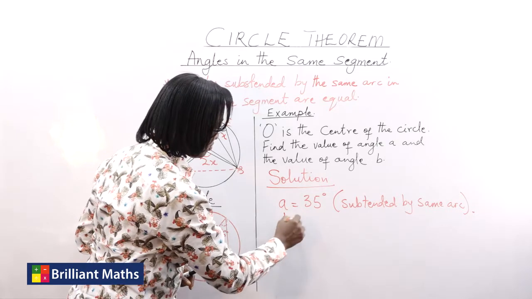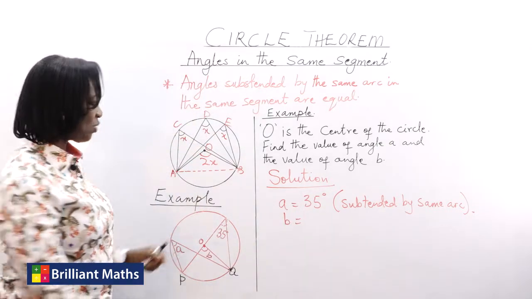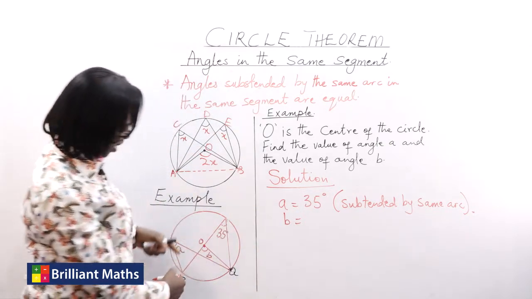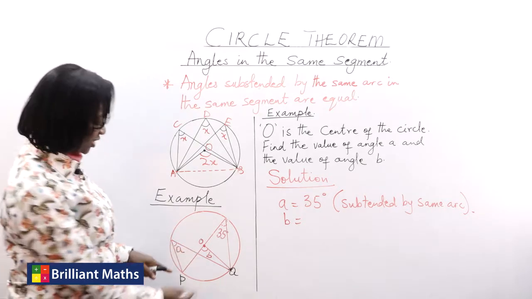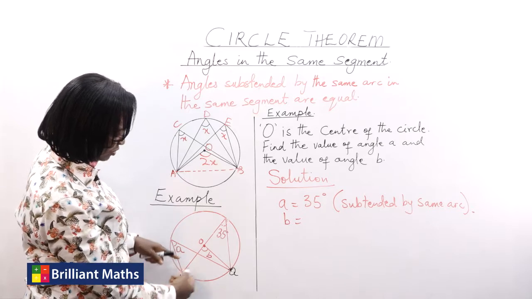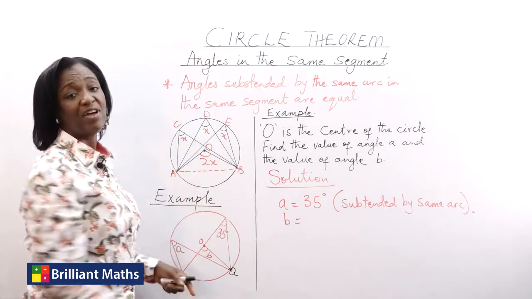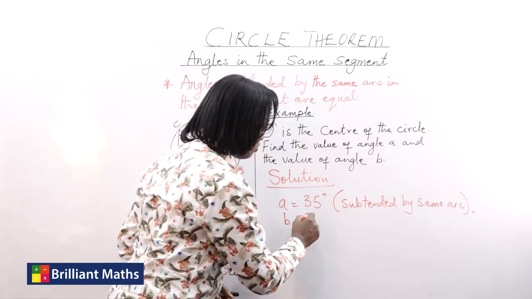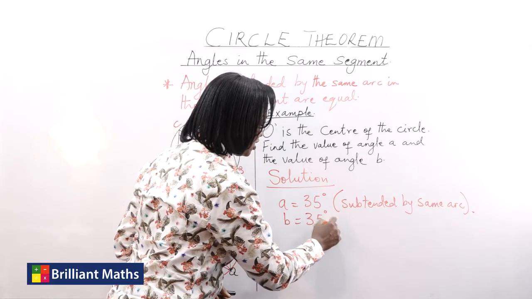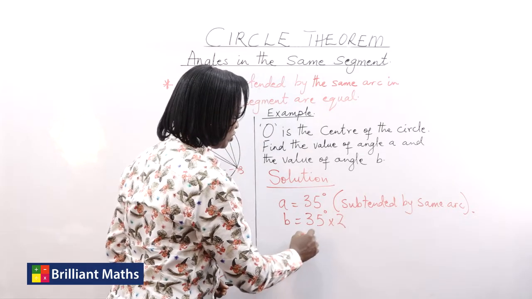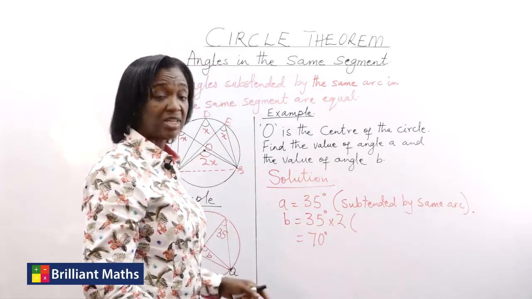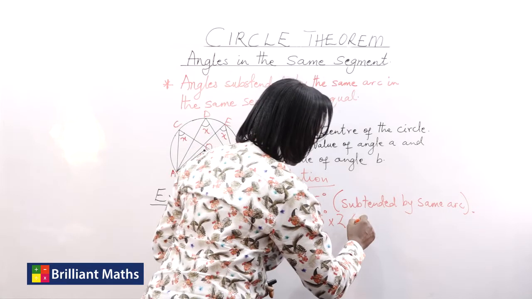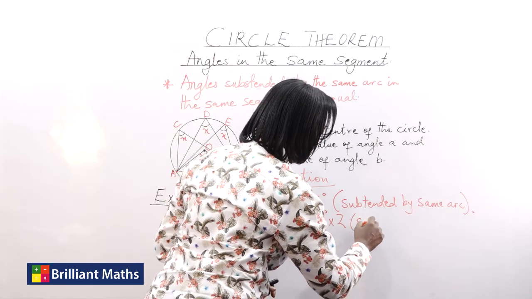Then angle B. What is B equal to? Angle B will be equal to 35 degrees times 2 because the same arc subtends B at the center and 35 at the circumference. So B is equal to 35 degrees times 2, which is equal to 70 degrees. And then give us the reason. The reason is angle subtended at the center.